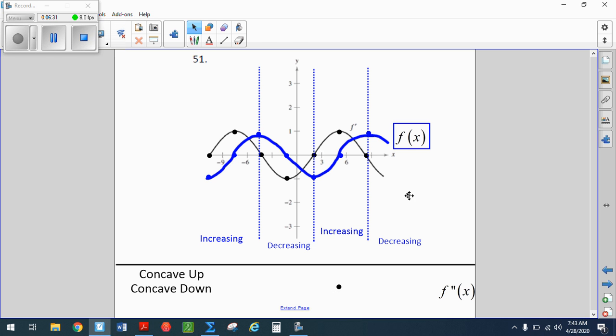So I really need to get some red points for my second derivative. So the relative extrema are going to be zeros of the second derivative. And let's see if it is going to be the same as the blue curve or if it's going to be reflected.